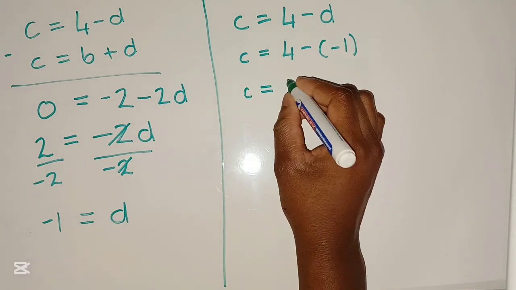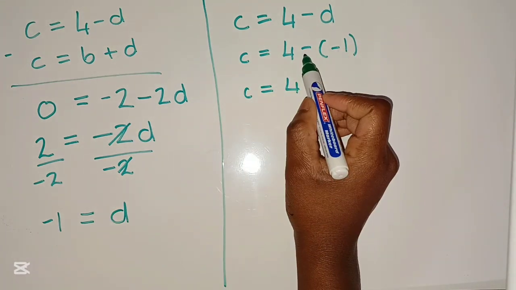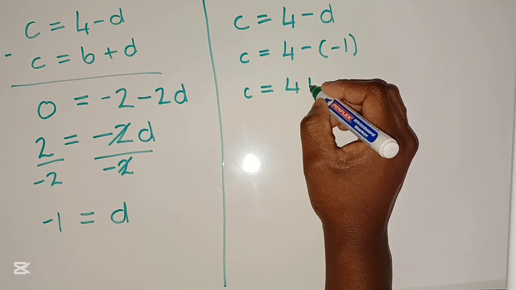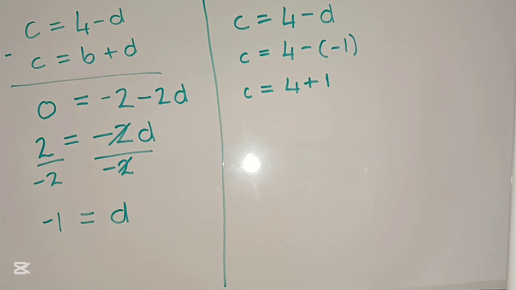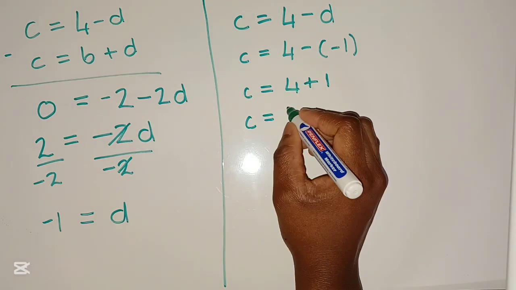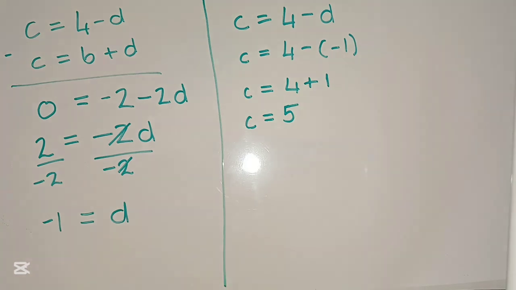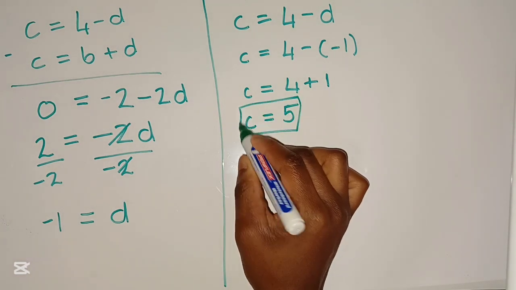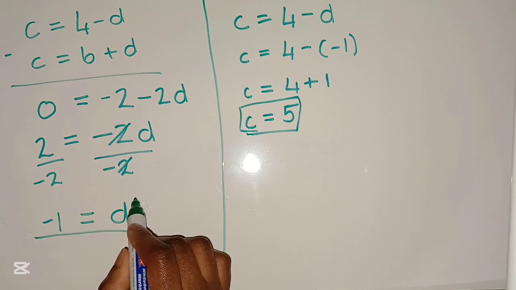C equals 4, a negative and a negative will give you a positive 1. So C equals 4 plus 1 is 5. So the value for C is 5 and the value for D is negative 1.